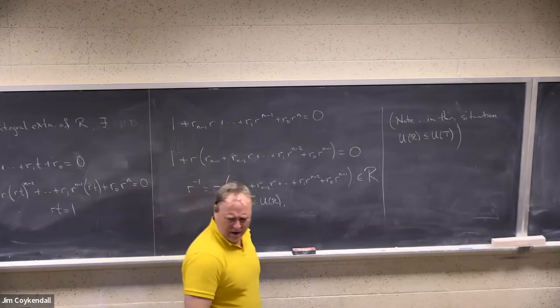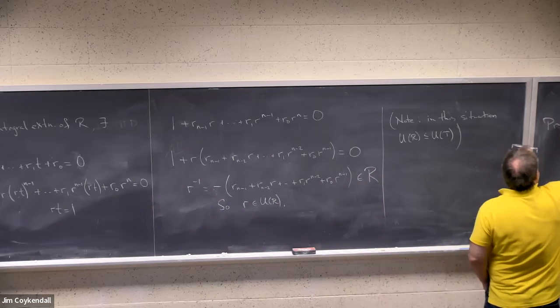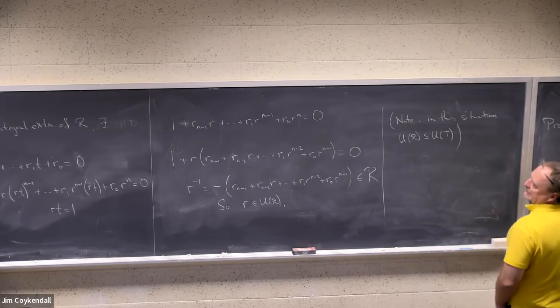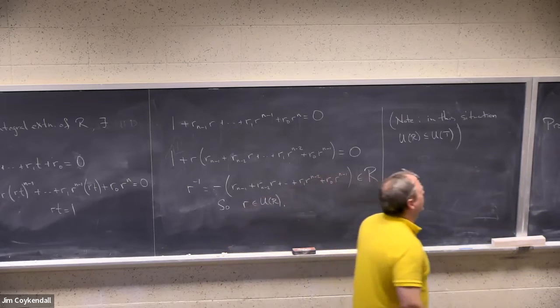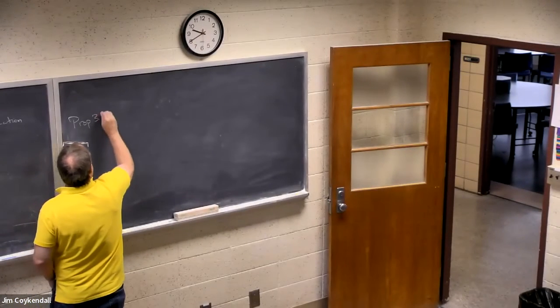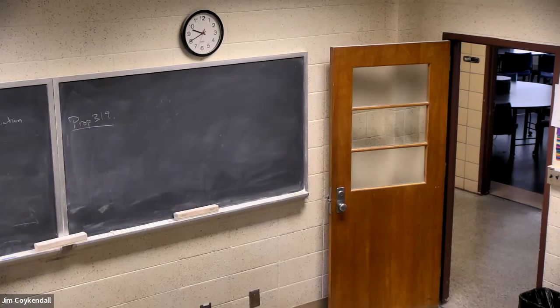Okay, so let me give you this one here, a proposition, whatever the number is, 3.19. This is a silly result, so why am I doing it?